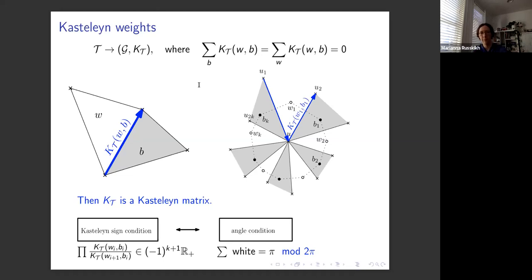The weights are given by the corresponding vectors. For each two neighboring faces W and B, we define the Kasteleyn weight WB on this edge as the corresponding vector, and let us decide that we always orient it in such a way that the white face is on the left.